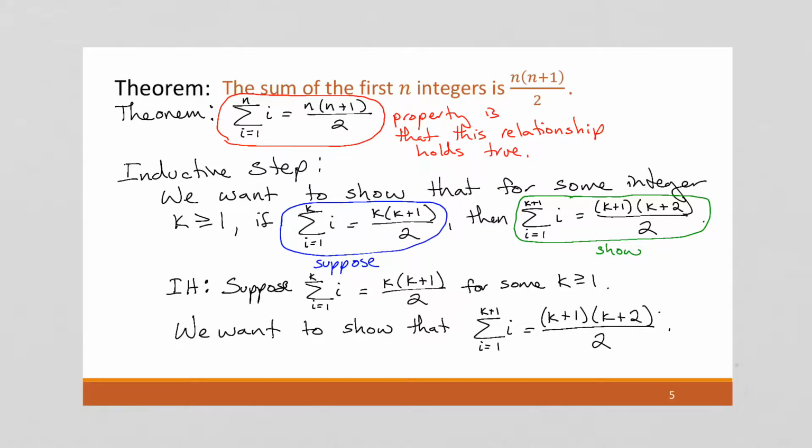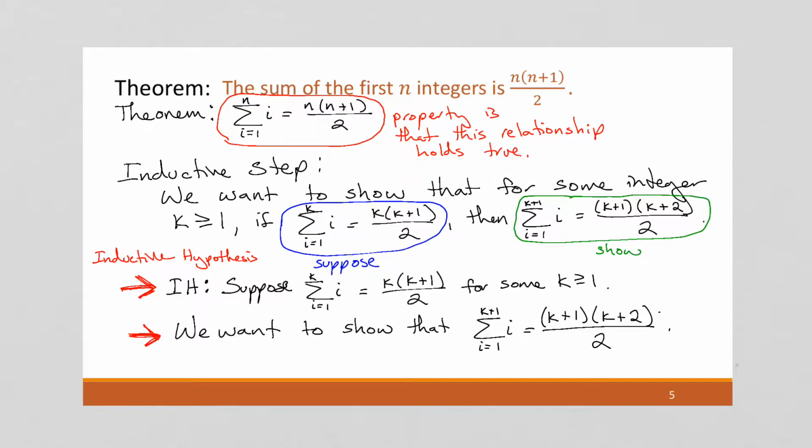Okay, so this is where we're starting out. You have to have an inductive hypothesis. I shortcutted it IH, but what that stands for is inductive hypothesis. And then you're also going to want to specify what your goal is. What do we want to show?